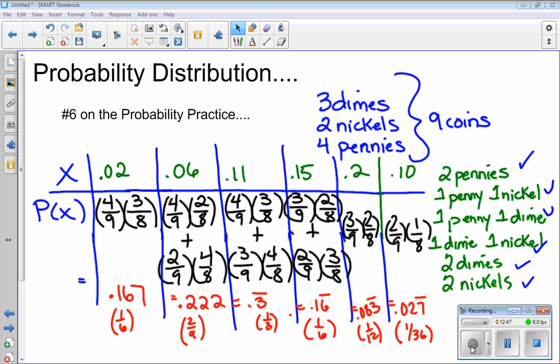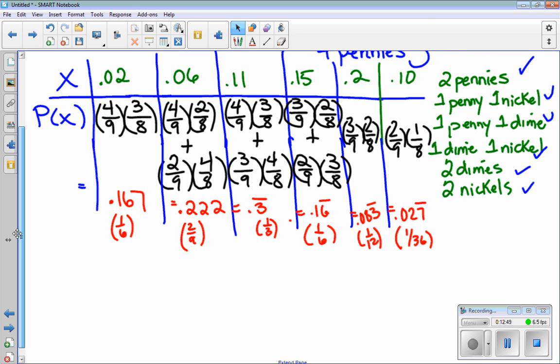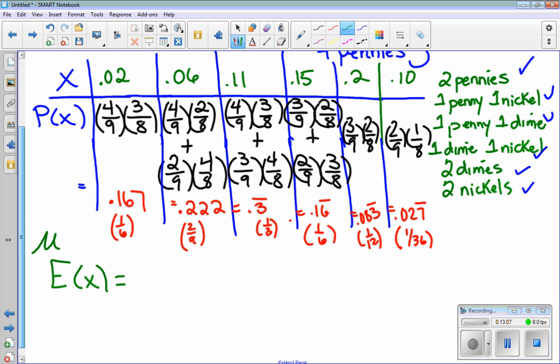So in other words, the expected value is written this way, capital E. What does that mean? Expected value is the same thing as the mean, mu, remember that. It's simply going to be 0.02 times, I'm going to write the fraction just a little easier to see, you can write 0.167 and 35.